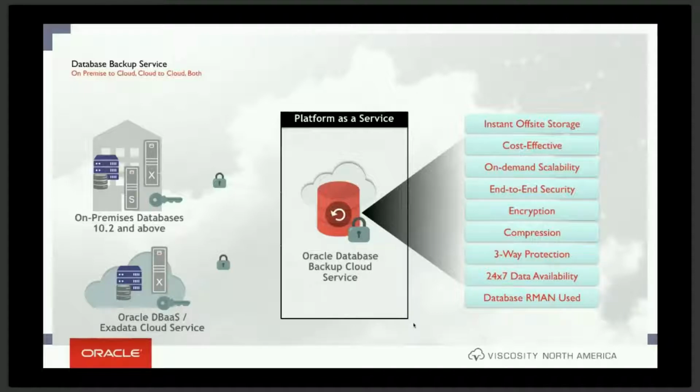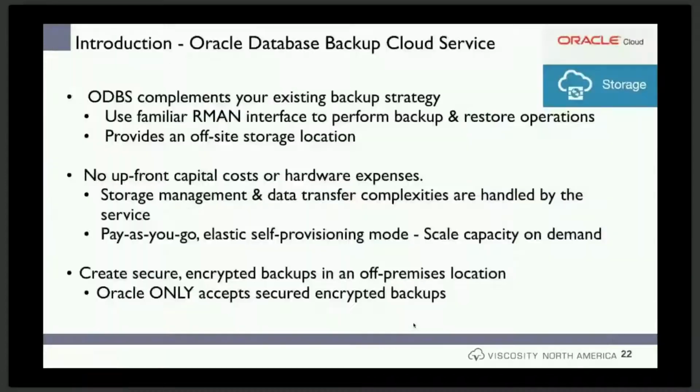And because the data is replicated across availability domains as well, we can actually have complete coverage from a high availability perspective, right? So also, we can back up databases, anything that is 10.2 or above, and that can be for Enterprise Edition as well as Standard Edition. And the cloud simply becomes our tape media.